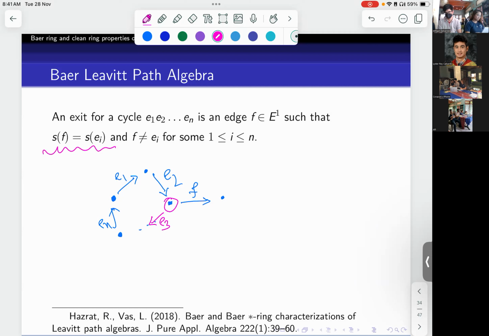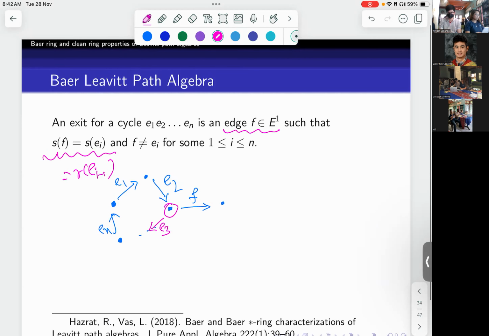So the source of f is the source of ei, or you can say the source of ei is the range of ei minus 1 for some i. If such a thing happens, we say that this cycle has an exit. So this edge f is an exit for that cycle. You won't always be trapped in a cycle. From e1, e2, you can go to f and you are out of the cycle. That's why it's called an exit for a cycle.